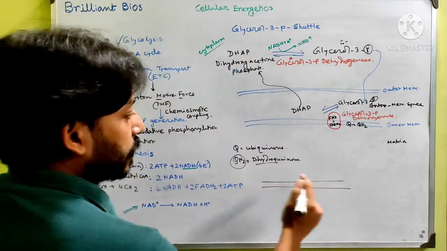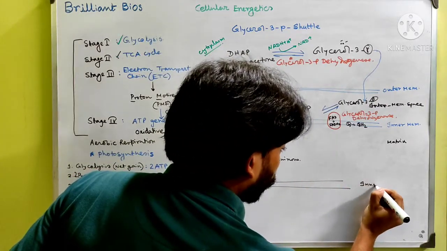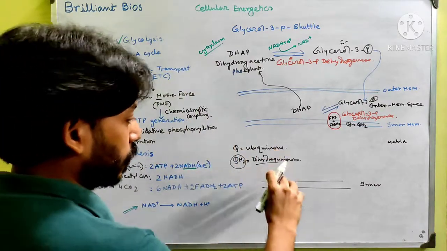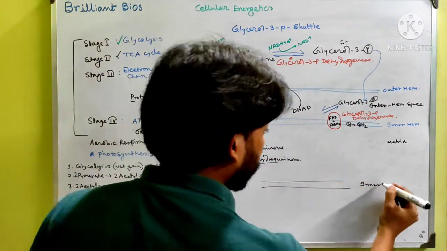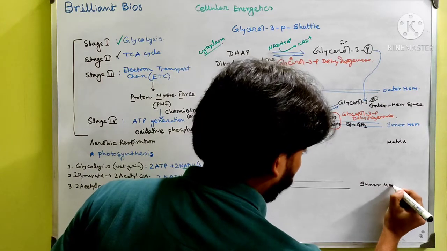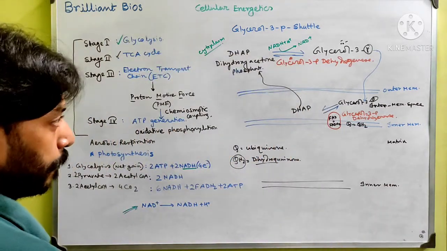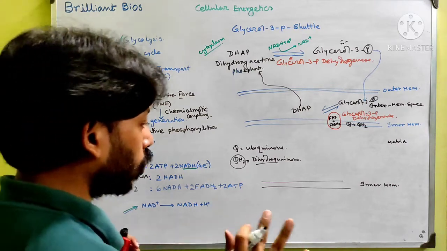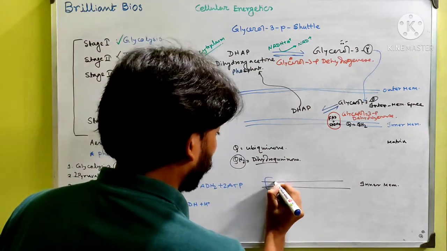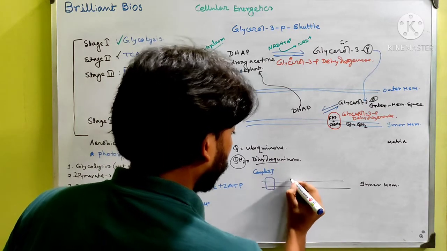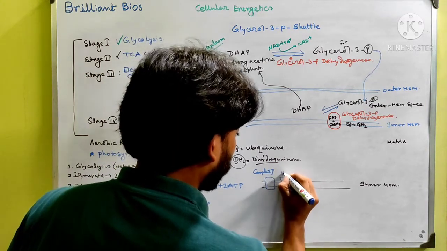So let's suppose this is the inner mitochondrial membrane, because we know that all these electron transport chain molecules are integral membrane proteins that are present in the inner membrane of the mitochondria. So in this electron transport chain, there are 4 complexes present. Let's suppose this is complex 1. Then another complex is present called complex 2.